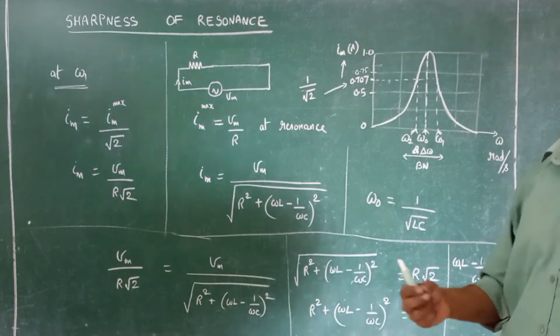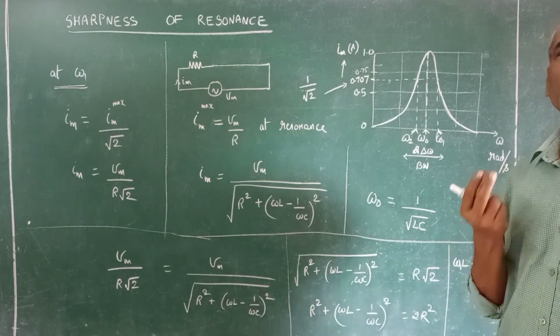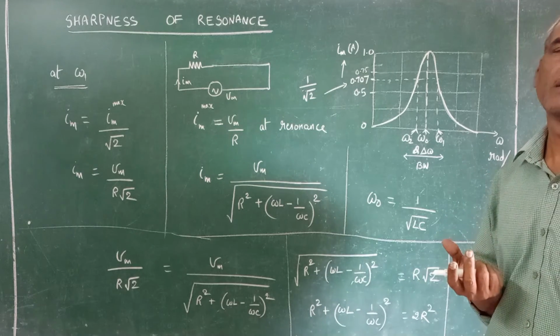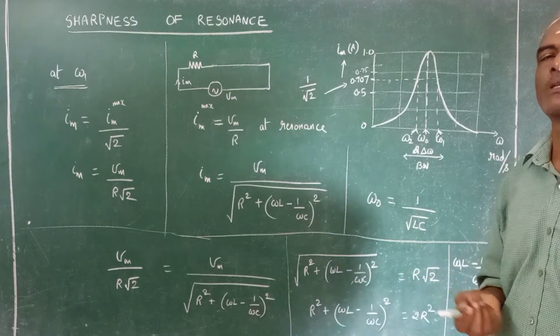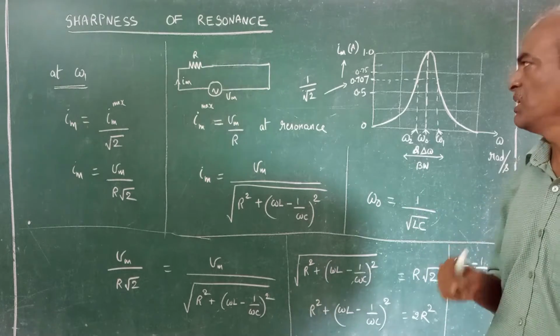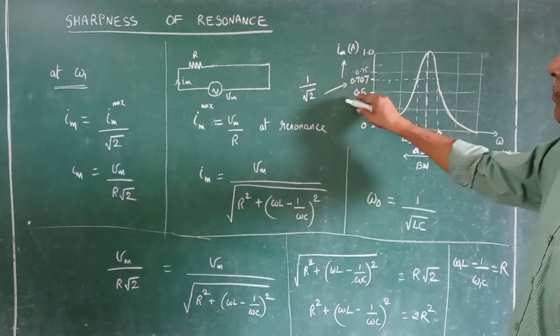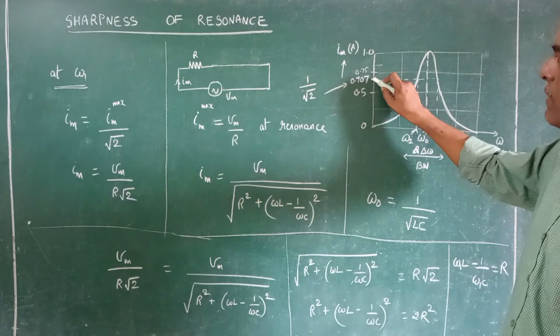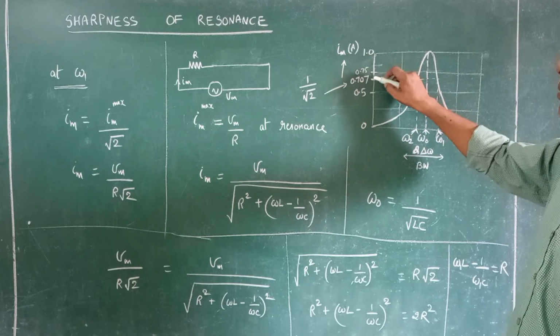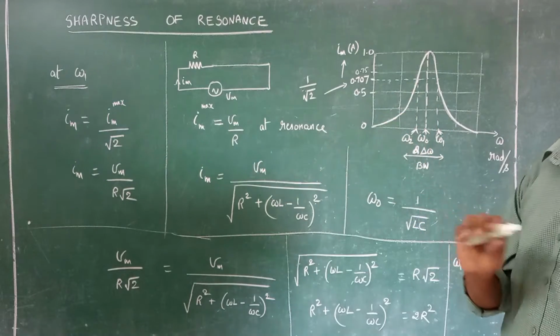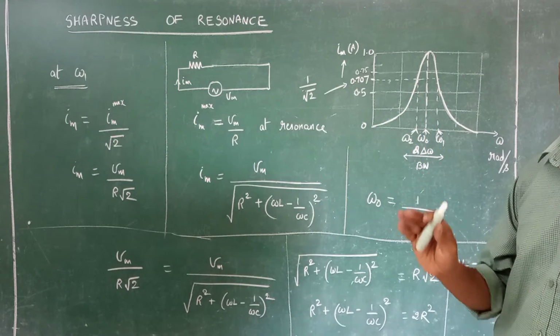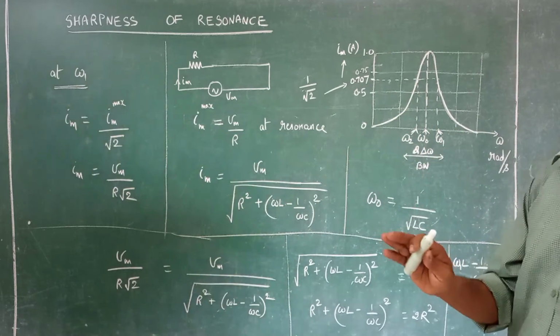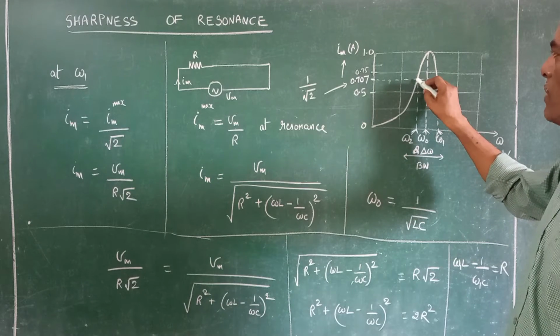To define bandwidth, the range of frequencies over which the gain is 0.707 of the maximum value is termed as bandwidth. Below this value, we are not considering those frequencies.